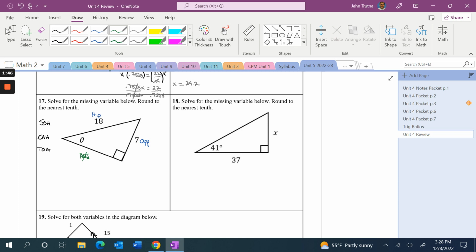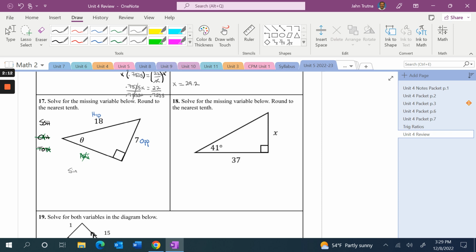The reason is because there's absolutely nothing there. So what you want to do is in your definitions, anywhere there's an adjacent side in the definition, you eliminate that. So that tells me that cosine and tangent are eliminated as possibilities. So this is a sine problem. You're going to have to use sine in order to solve this equation.